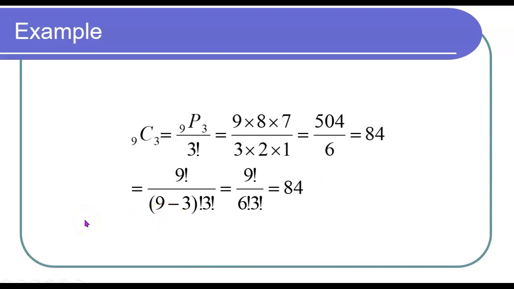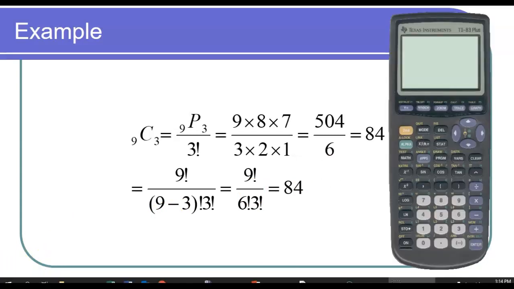Now here's the calculator function. Some calculators actually have a button labeled something like nCr that you can use. Some calculators have a PRB button that you would push to get to the little menu that includes nCr. On this calculator, to do 9C3, first I'd put in 9, then push Math, go over and select the PRB menu, and there's nCr, it's the third thing on the list. So if I choose that, and then put in 3 for my second number, so I'm doing 9 nCr 3, that does come out to be 84.